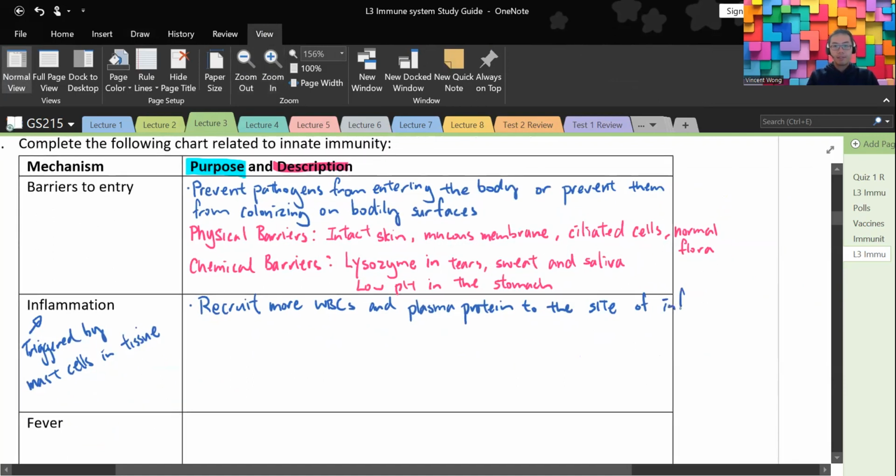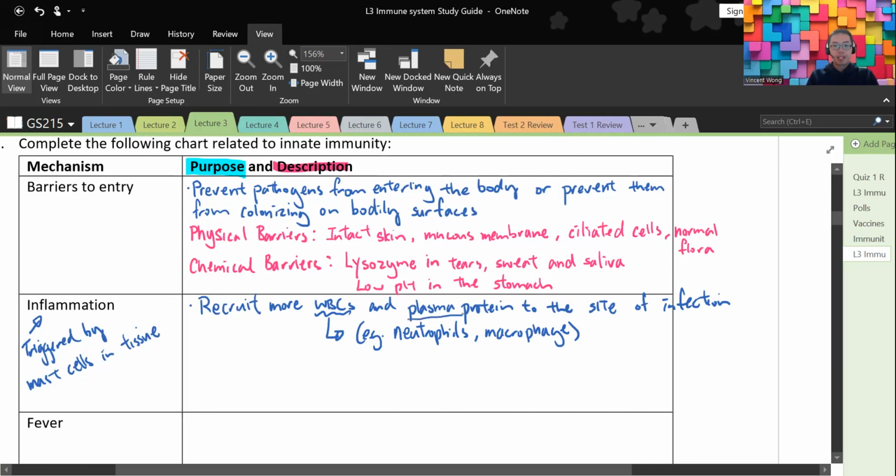So what kind of WBCs are we talking about? Well, we can recruit more neutrophils and more macrophages. These are both examples of phagocytes. So you come and eat up things that are not supposed to be there.